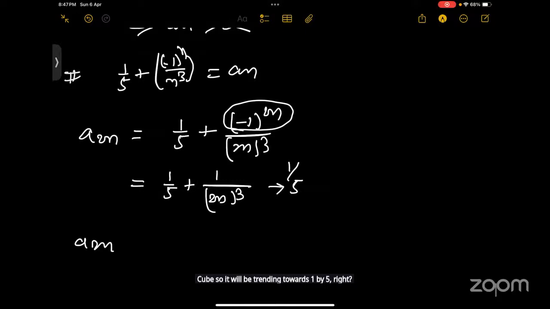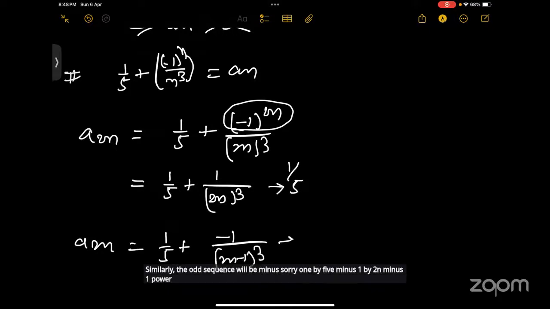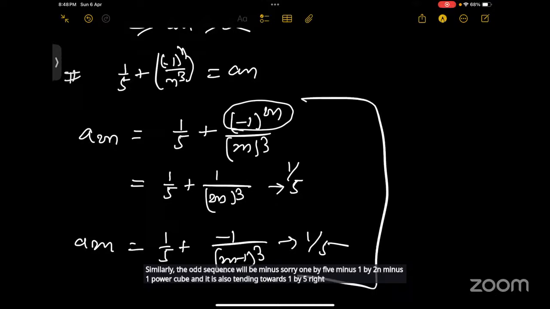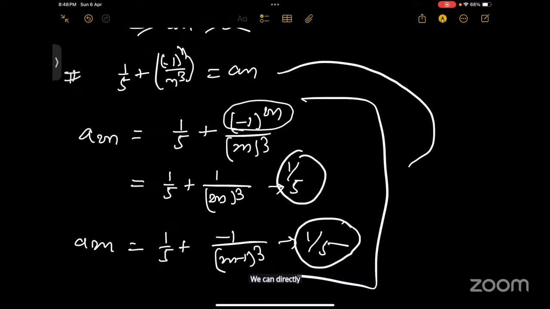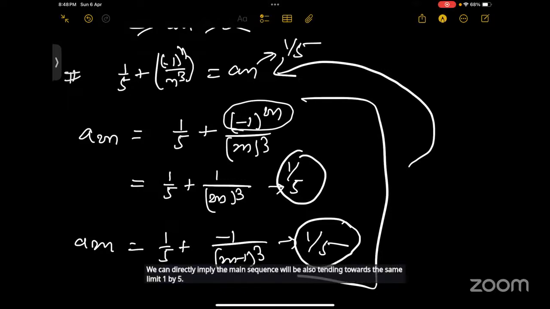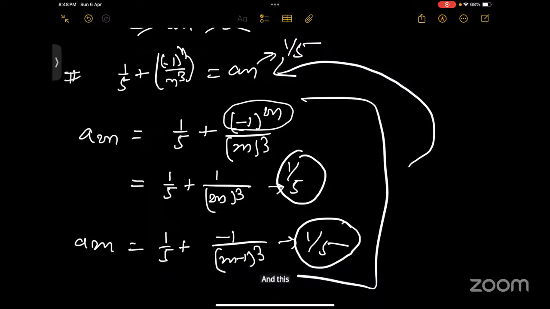Similarly, the odd sequence will be 1/5 minus 1 by (2n minus 1) power cube, and it is also tending towards 1/5, right? So this even sequence and odd sequence are tending towards the same limit. We can directly imply the main sequence will also be tending towards the same limit 1/5. Okay. And this is a_2n minus 1. Yes, a_2n minus 1. Thank you.